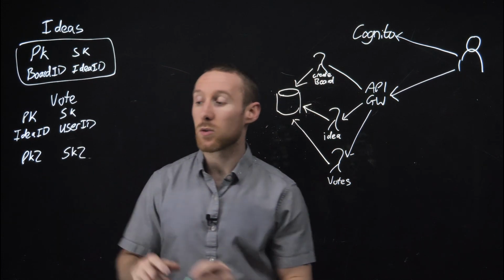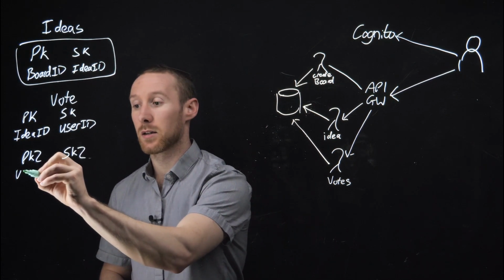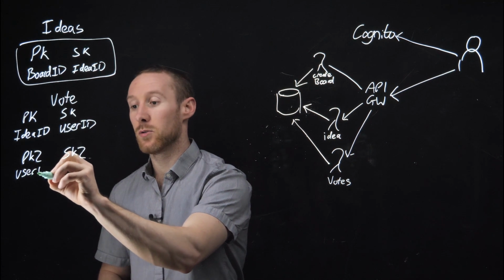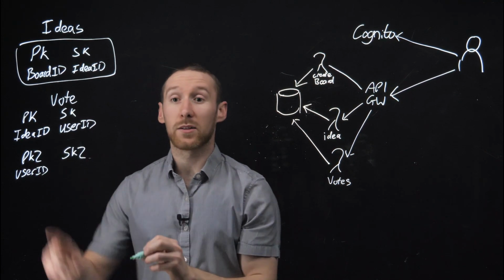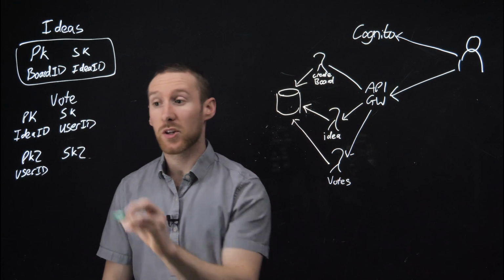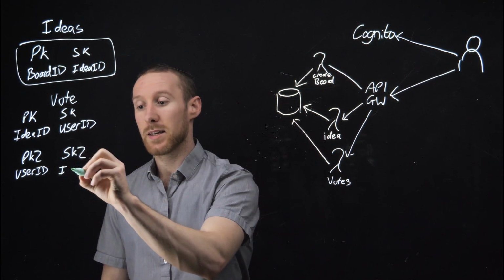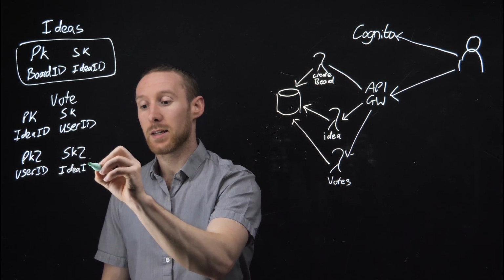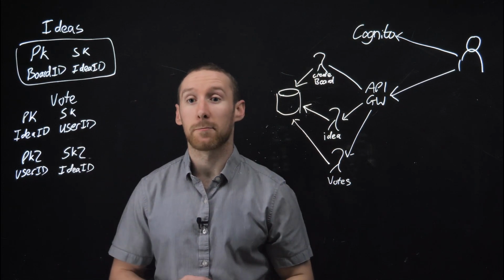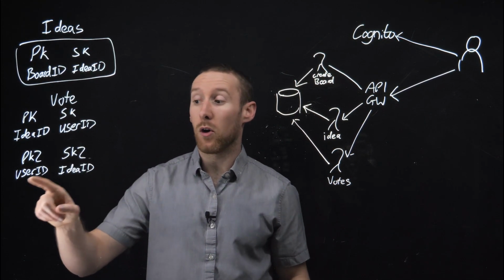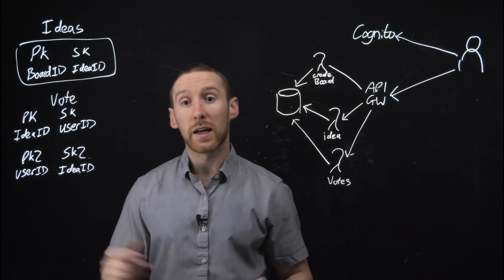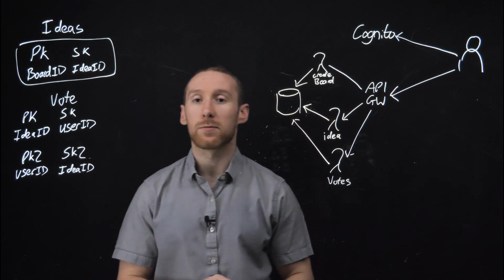This now means we can add the user ID as the partition key and the idea ID as the sort key. This allows us to query on the user's ID and get back all of their votes.